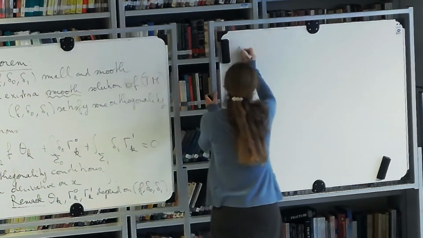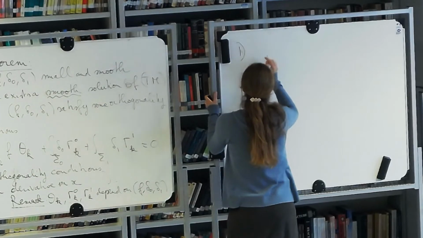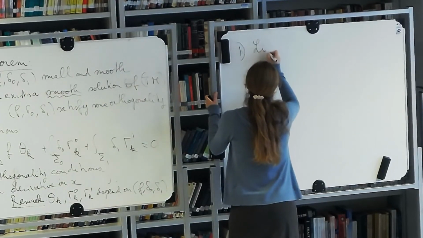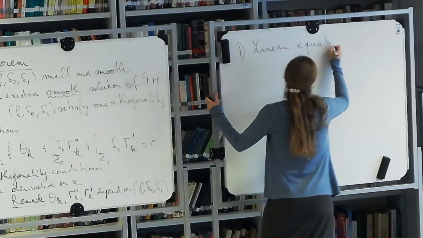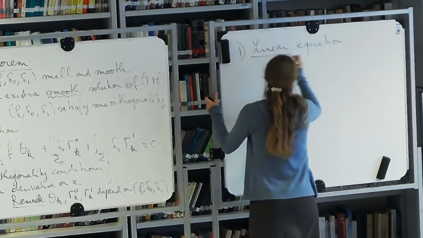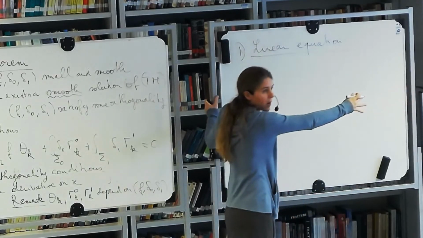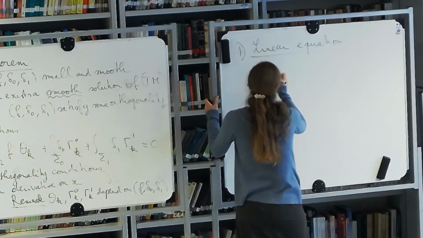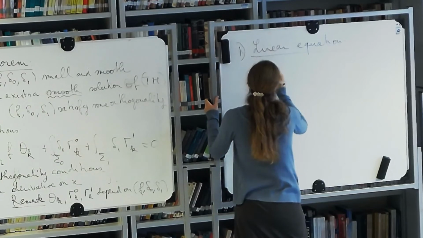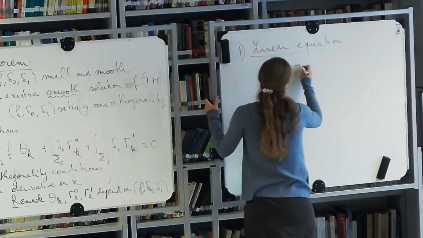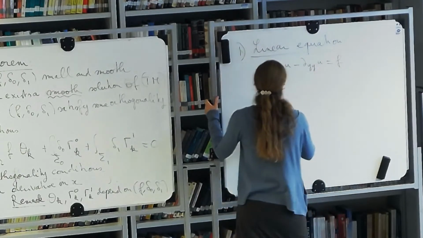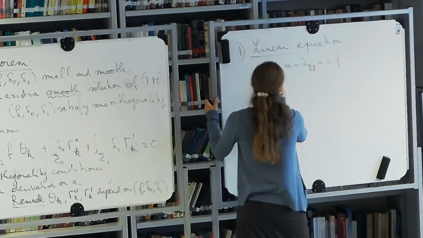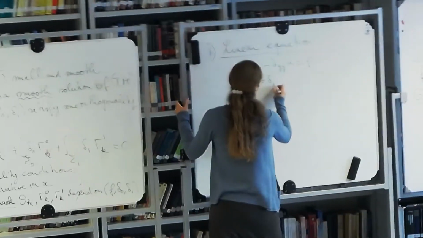So maybe the first step is to study the linear equation. Okay, so I will further simplify the model. And now what I will be looking at is just y ∂x u minus ∂yy u equals f, okay, with some boundary data. And so I'm still taking u on sigma i equals delta i.